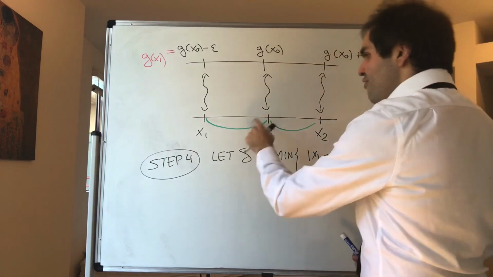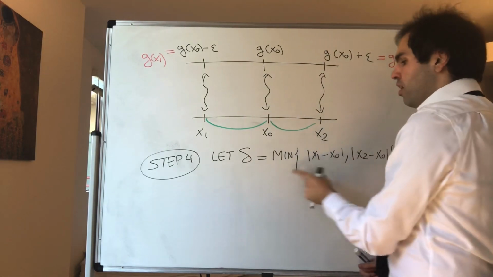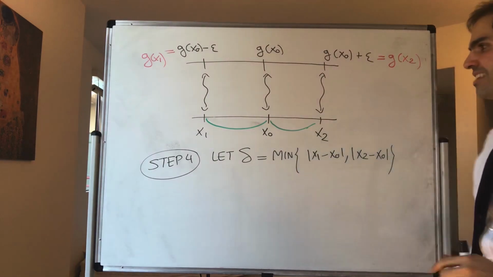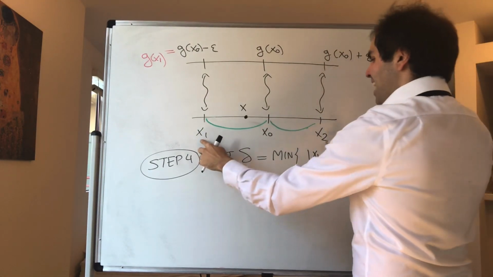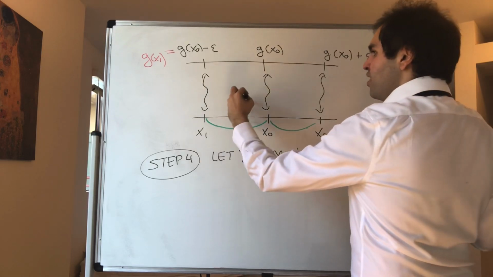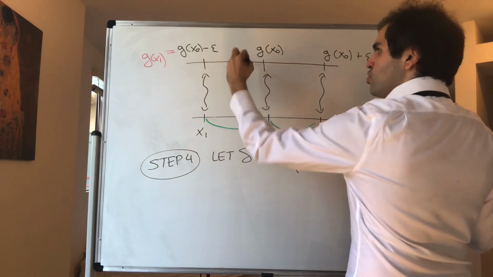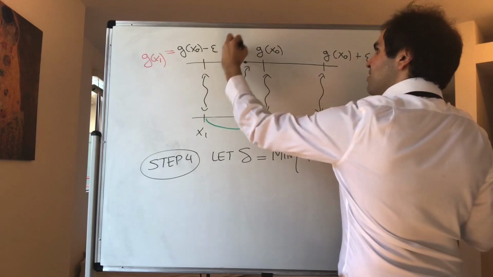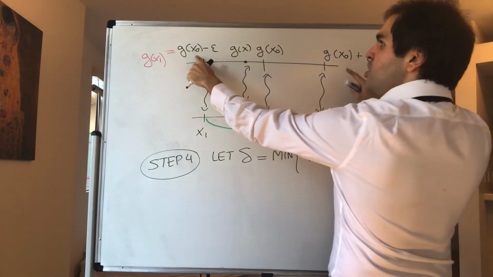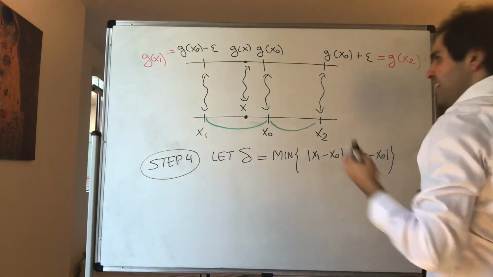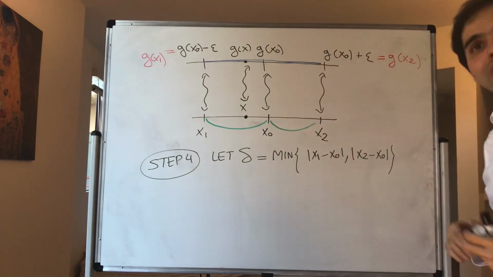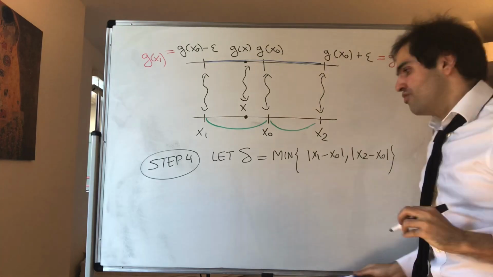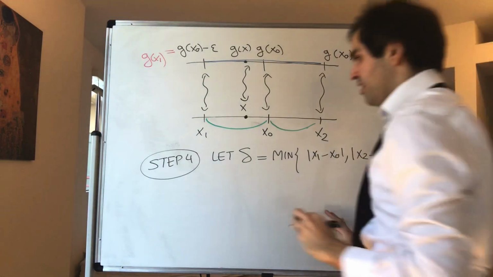Because then, if x is in the ball centered at x0 with radius delta, then for sure, x must be between x1 and x2. But then the point is, we'll show that g of x is between g of x0 minus epsilon and g of x0 plus epsilon, which is really the good region, which is the stuff we want to be in, and then we would be done.